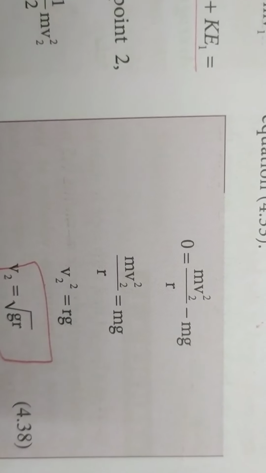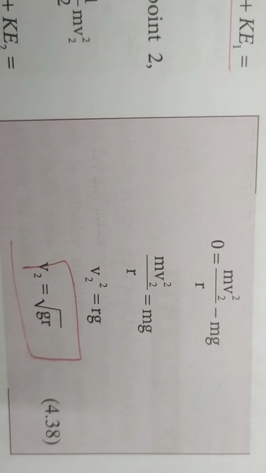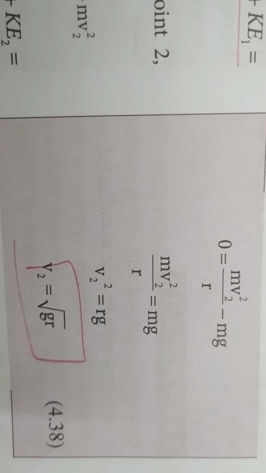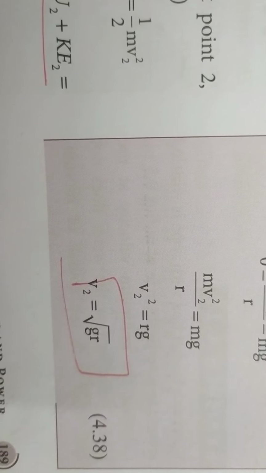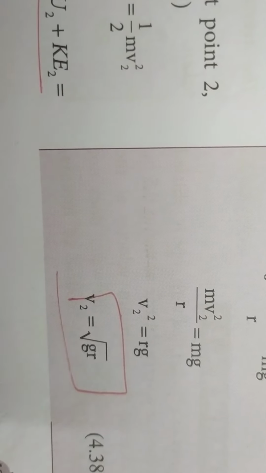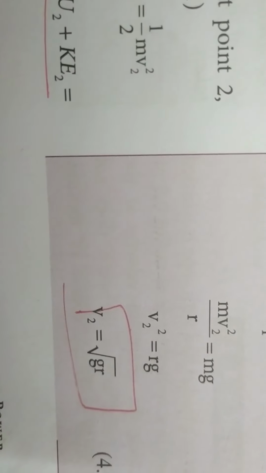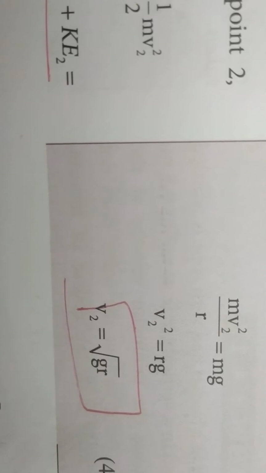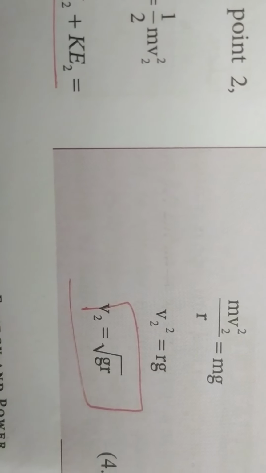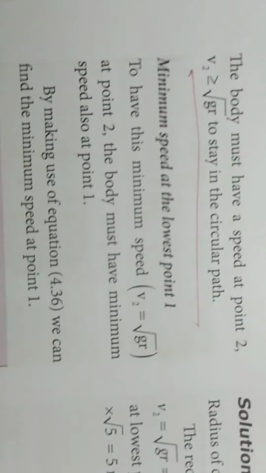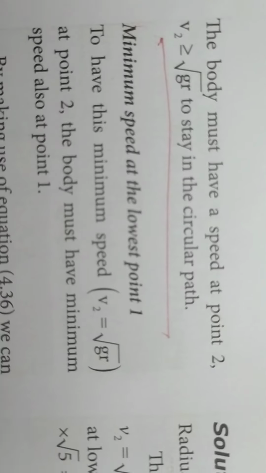Then you get 0 is equal to mv2 square by r minus mg, and simplifying, v2 square is equal to rg, since m and m get cancelled, so v2 is equal to the square root of gr. So the velocity at the highest point must be greater than or equal to the square root of gr, where g is the acceleration due to gravity and r is the radius of the circle. This condition must be satisfied for the object not to fall down. So v2 must be greater than or equal to the square root of gr to stay in the circular path.